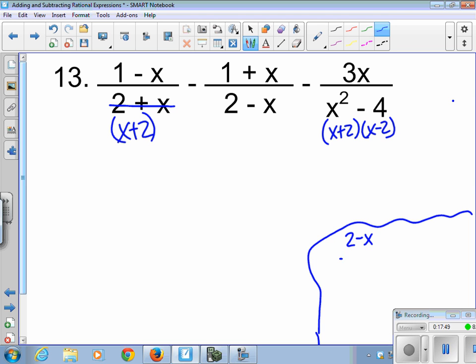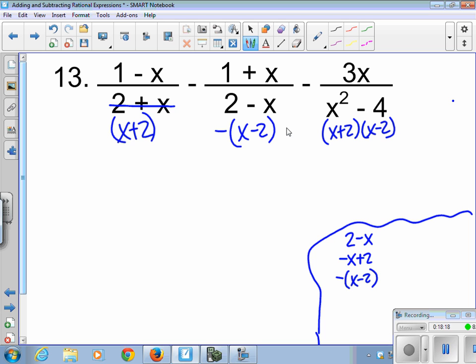So this is a negative x, and then that's a positive 2, so I'm going to write plus 2. Now, I don't have a negative x plus 2, so what I'm going to do is factor this negative out. And so when I factor that negative out, that's going to leave me with x minus 2. And so then that x minus 2 looks like one of the factors that I have already. And so then what I'm going to do is make this negative and then x minus 2.